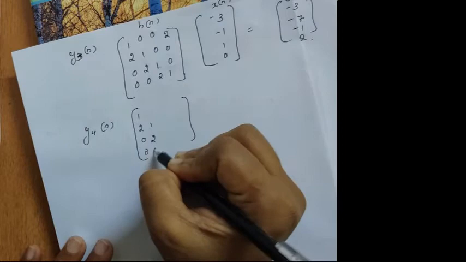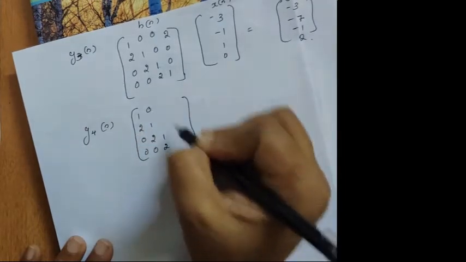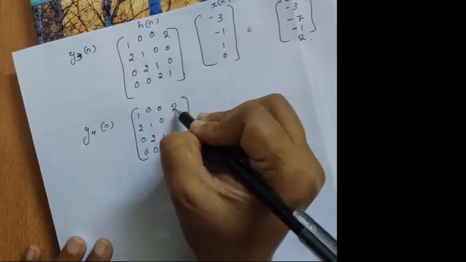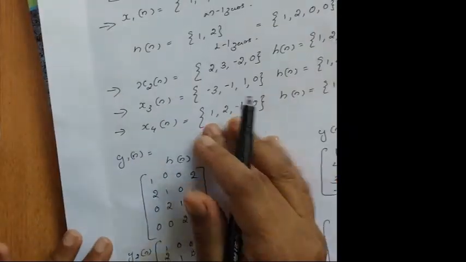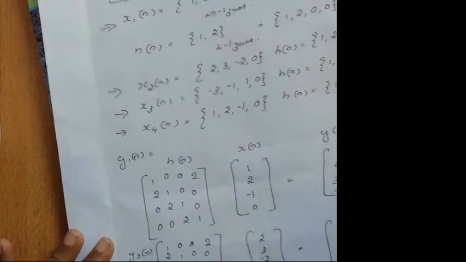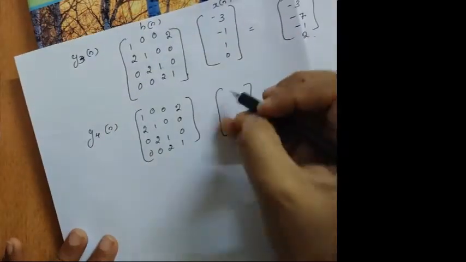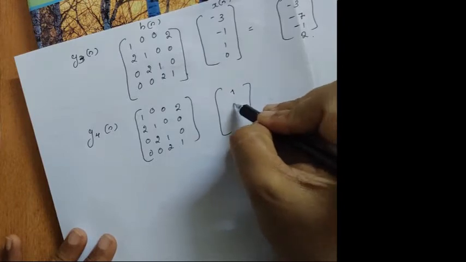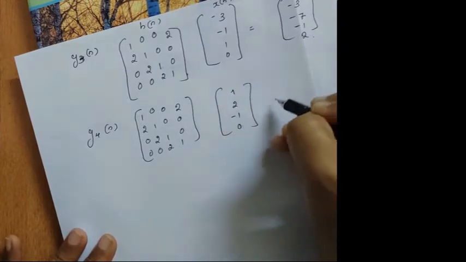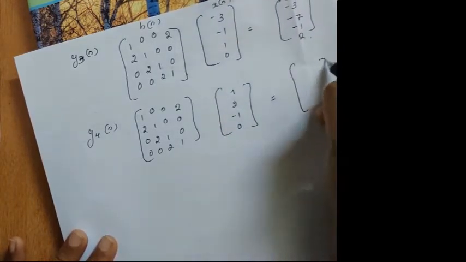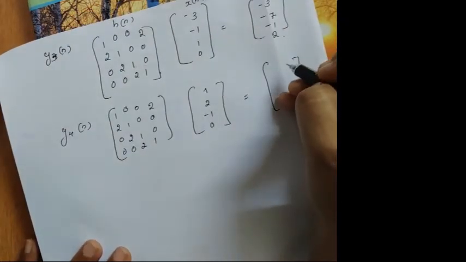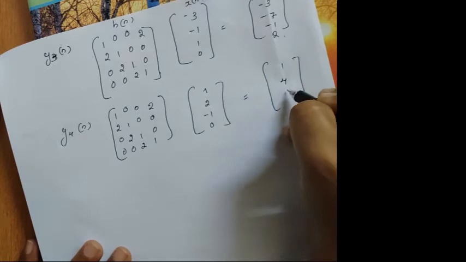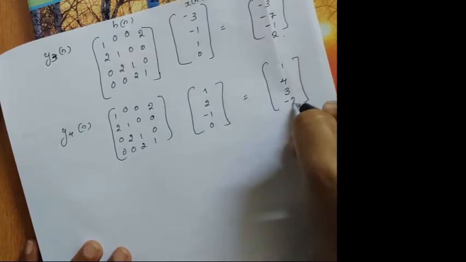This is a very simple thing. If you understand this, you can do it by yourself. And here 1, 2, minus 1, 0. After the matrix you will get 1, 4, 3, minus 2.